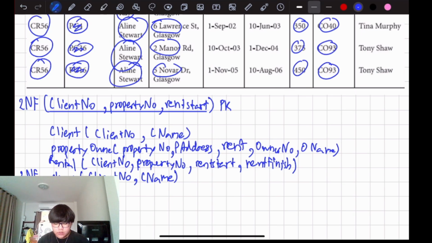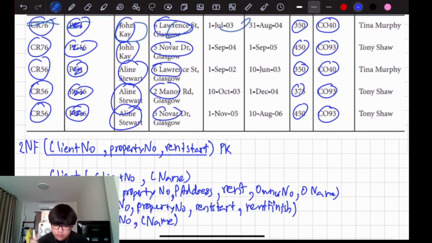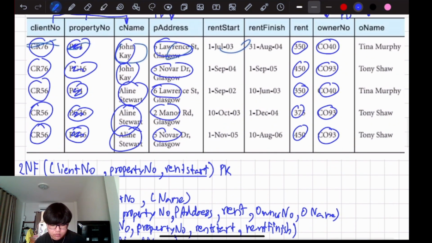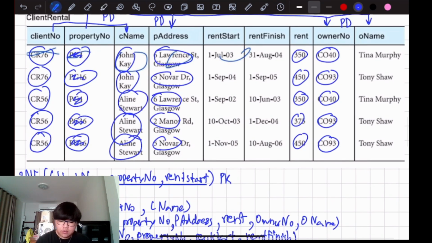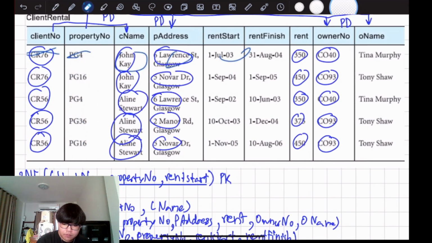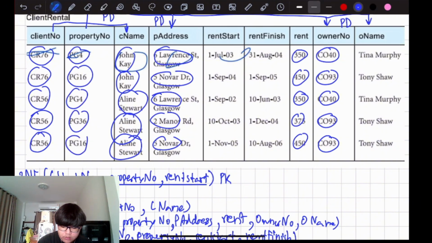Next is property owner. In property owner, if we see in the table, we have property number, period date, rent, owner number, and owner name. So this can be a transitive dependency. In property number, we have PG4, PG60, PG4, PG36, PG60, and then the period date.